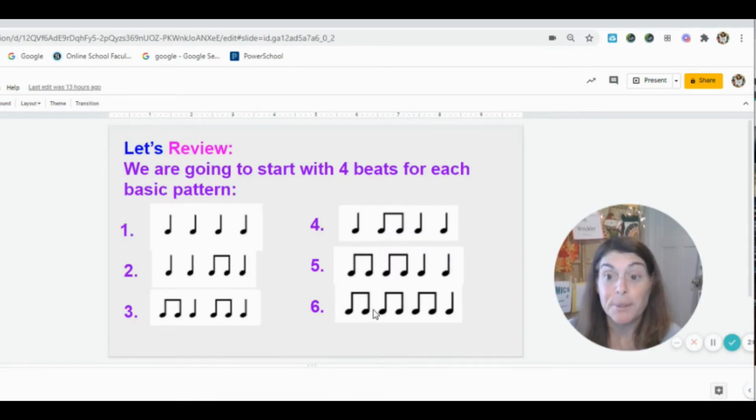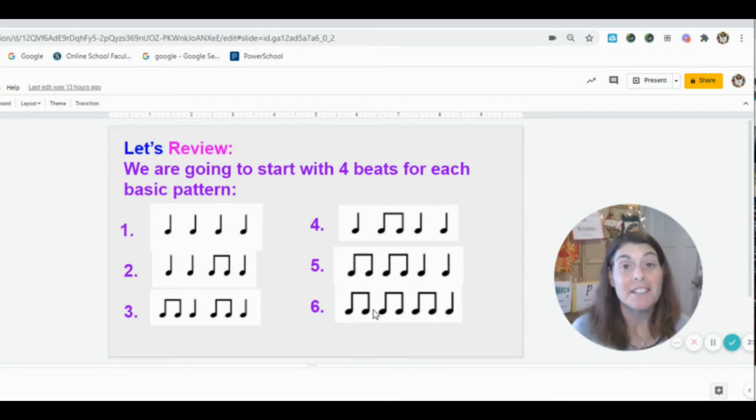Let's review. We are going to start with 4 beats for each basic pattern. Okay, so beat number 1, obviously there's 2 ways you can say it: ta, ta, ta, ta, or 1, 2, 3, 4. Awesome.